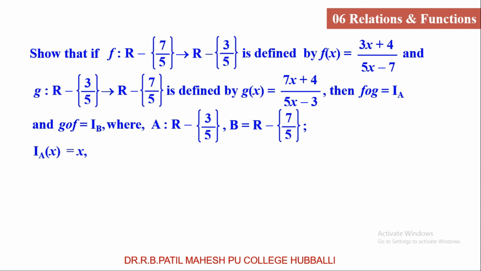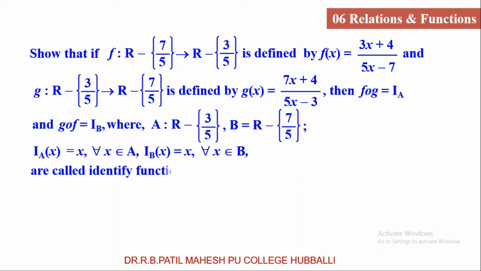I_A of x is equal to x and I_B of x is equal to x for every x belongs to the set A and B are called identity functions on the set A and B respectively. Dear students, I refers identity function. The definition of identity function that you can see here, I_A of x is equal to x, I_B of x is equal to x.